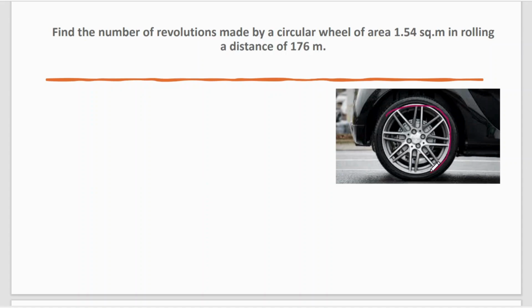So this wheel is in circular shape, and they have given me its area. So the area is given: area equal to 1.54 meter square.